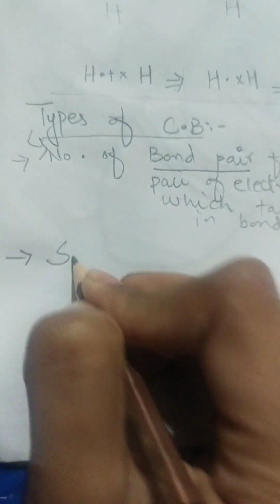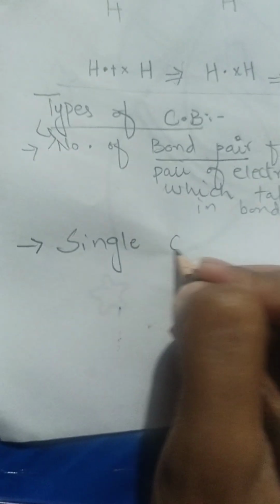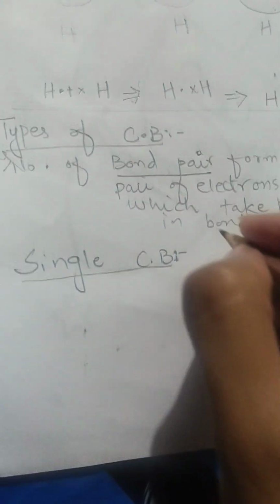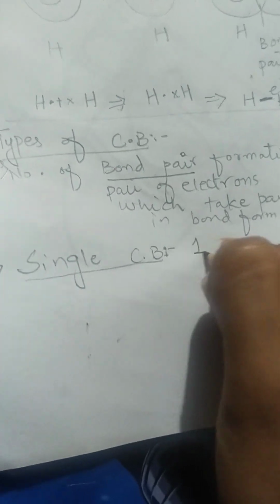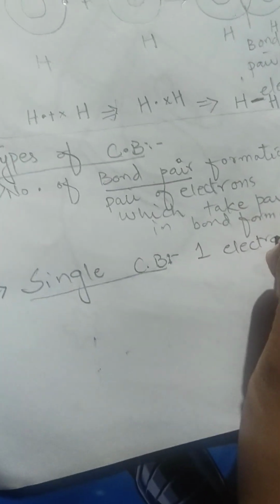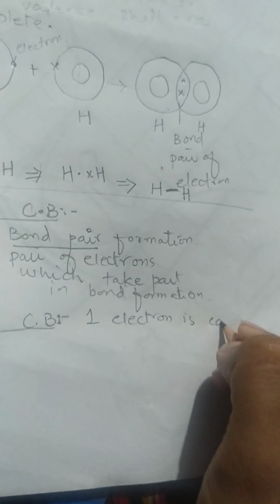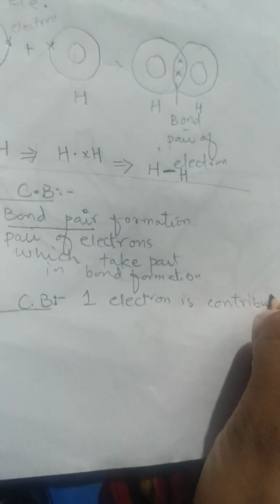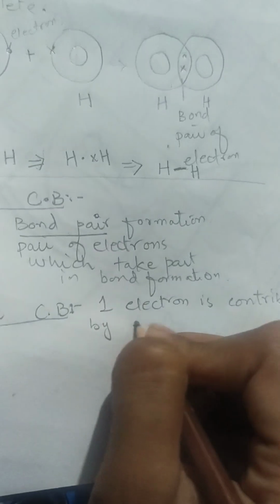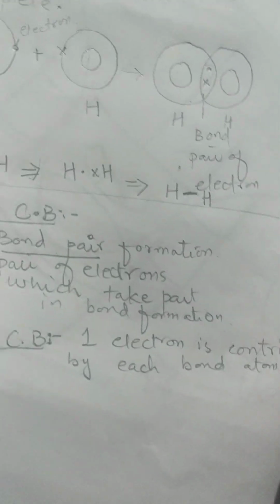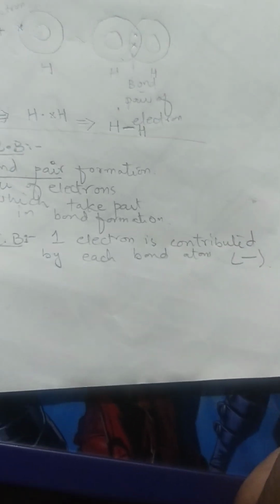If one bond pair is formed, then it is called a single covalent bond, which means each bonded atom contributes one electron, and it is represented by a single line between two atoms.